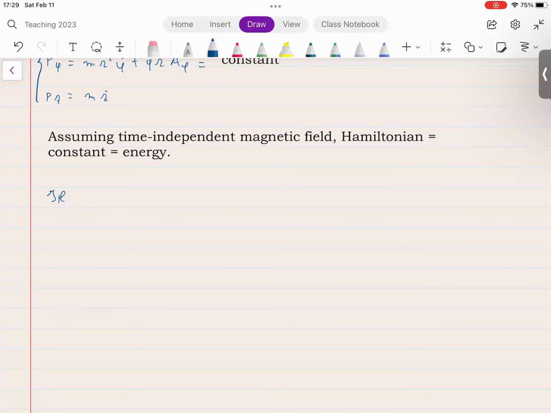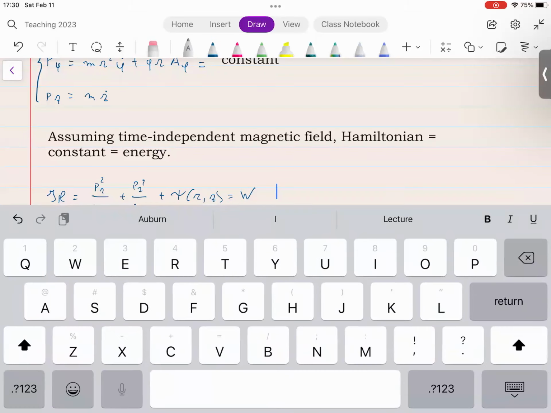And you end up with P sub r squared over 2m plus P sub z squared over 2m plus, here is the catch, psi of r and z, and is all equal to W, where with W I mean energy.